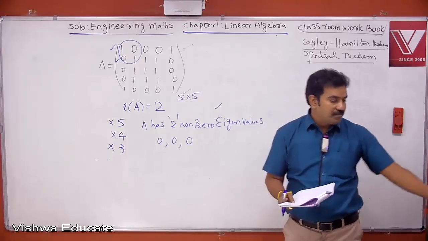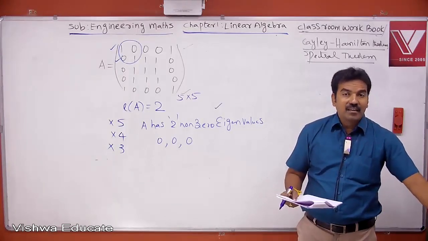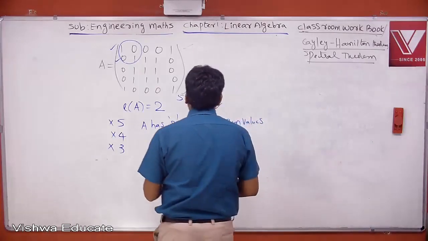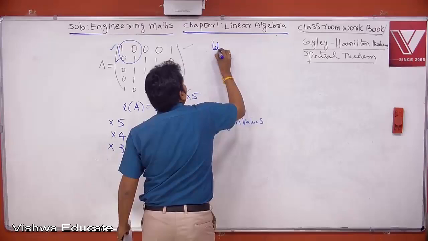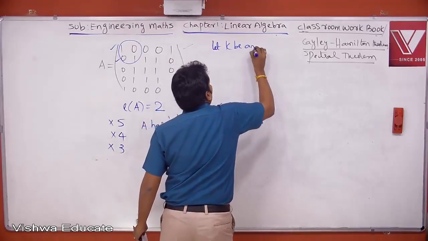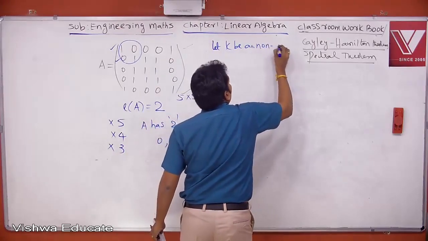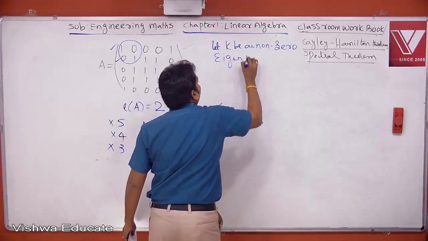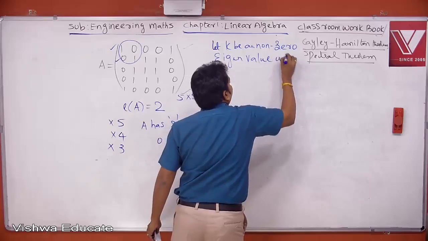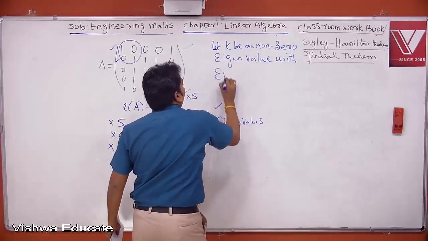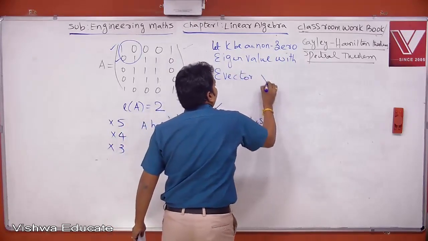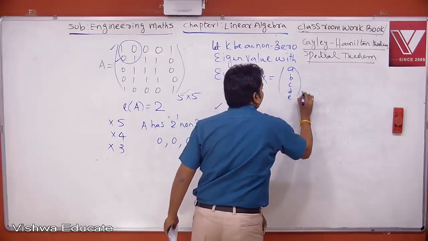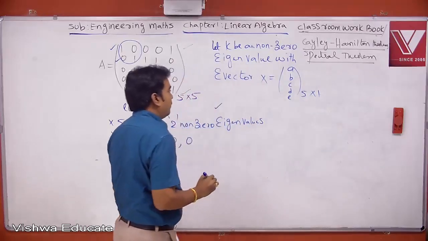Now, I use the concept of eigenvector to find one of the non-zero eigenvalues. Let k be a non-zero eigenvalue with eigenvector x equal to a, b, c, d, e. Since it is a 5 by 5 matrix, the eigenvector size will be 5 by 1.